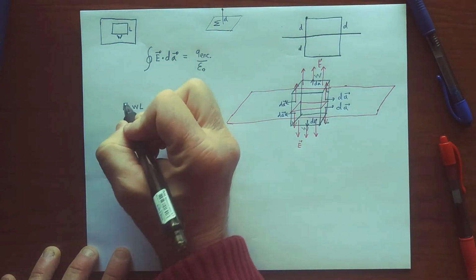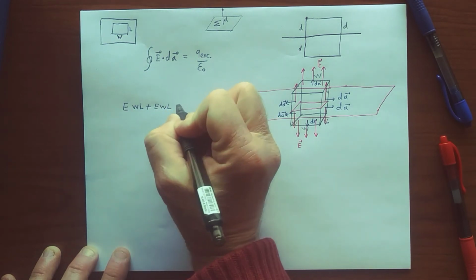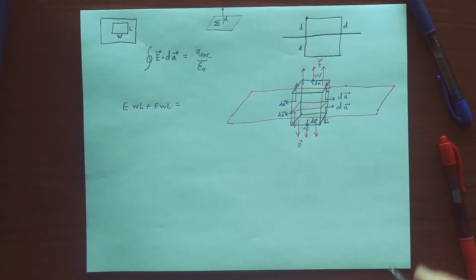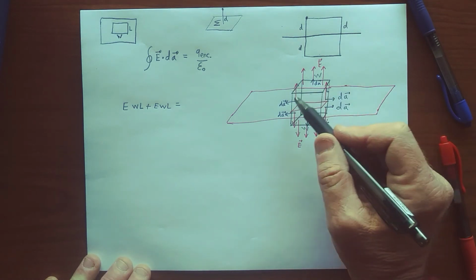So we get E times W times L there, and that's it for the left-hand side. We get no contributions on the 4 other sides.